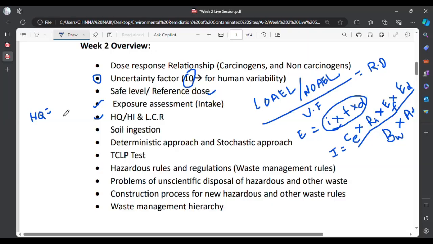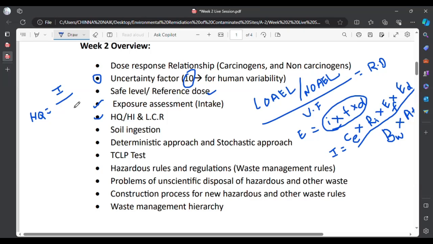Okay, one question already came in the week 1 assignment, so we already discussed it. How do we calculate hazard index or hazard coefficient? It is intake divided by reference dose. We already discussed how to calculate the intake, generally in milligrams of carcinogen or non-carcinogen ingested by the human per kg of body weight per day.